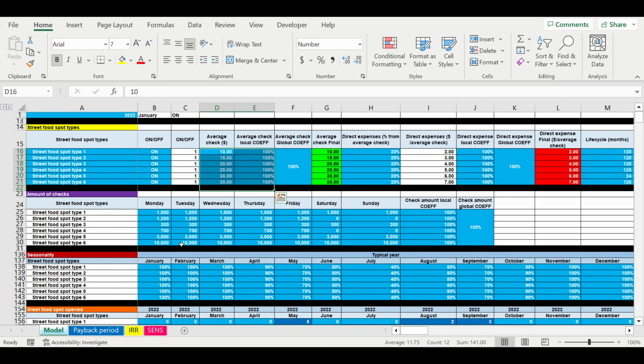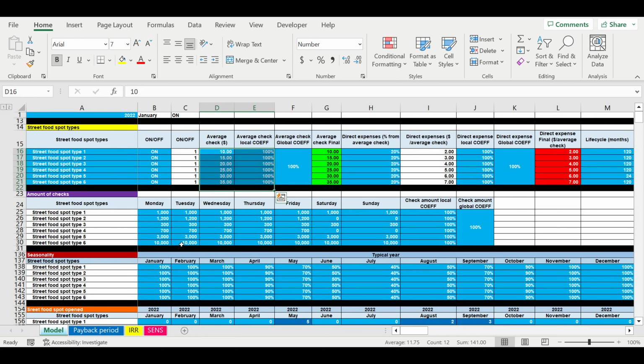Here we specify the discount rate for our chain, and the step of changing the discount rate to calculate more accurately the internal rate of return of our business idea. And finally, for stress testing, we have a sensitivity analysis block.